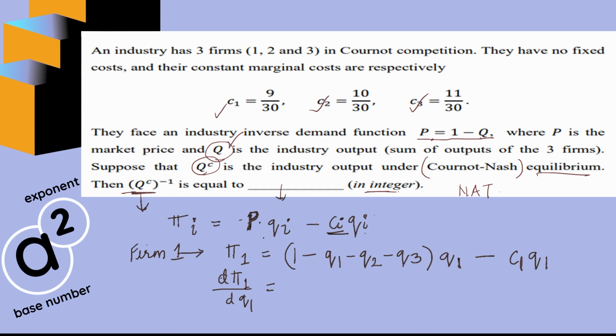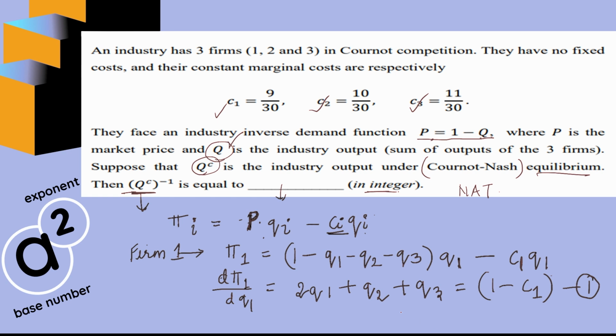When you take the derivative, it would be 2Q1 plus Q2 plus Q3 is equal to 1 minus C1. Mark this as the first equation, for firm 1.